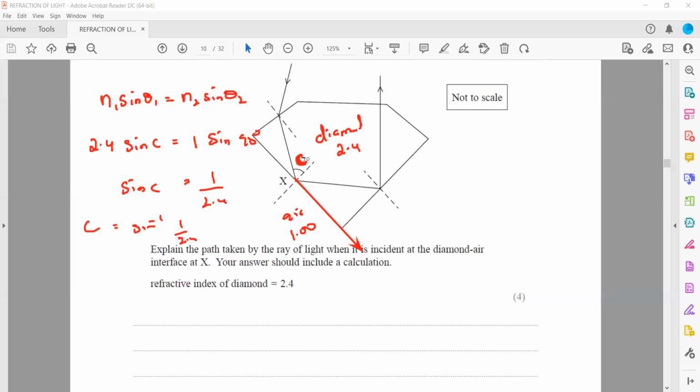This will give us the critical angle. So the critical angle in this case will be 24.6. The critical angle is 24.6, and you can see that this angle is 57, which is more than the critical angle. That's why the light will undergo total internal reflection, since an angle of incidence more than critical undergoes total internal reflection.